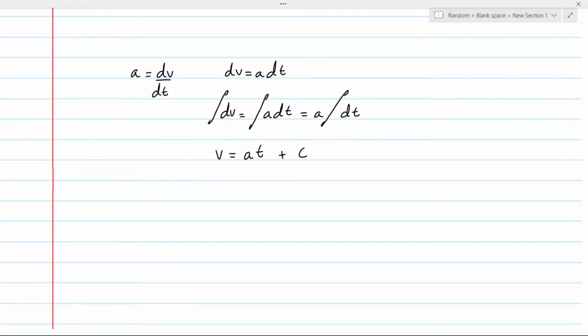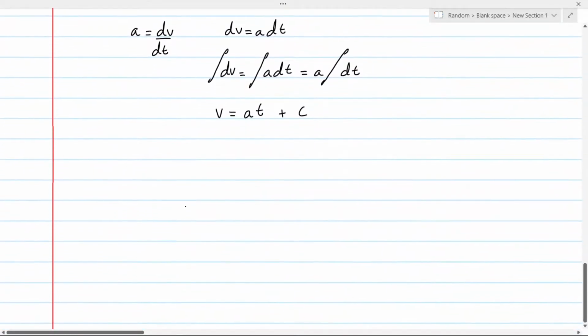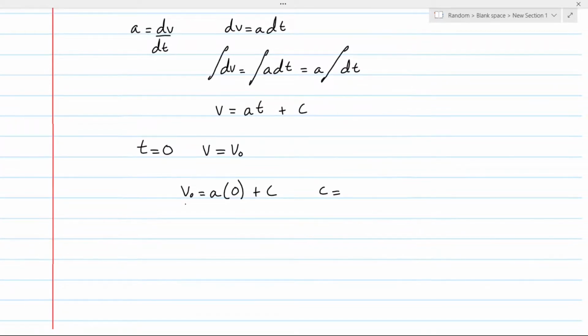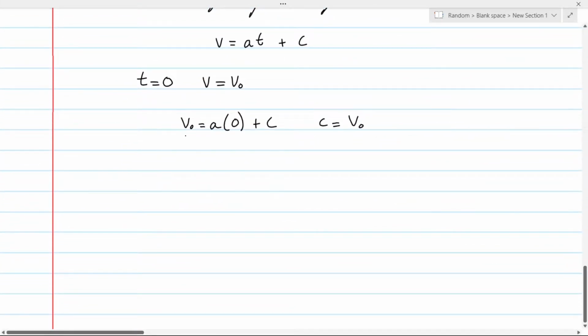Grouping the constants together, if at t equal to 0 the velocity is equal to some initial velocity, then the constant is equal to that initial velocity. And this equation can then be rewritten as before.